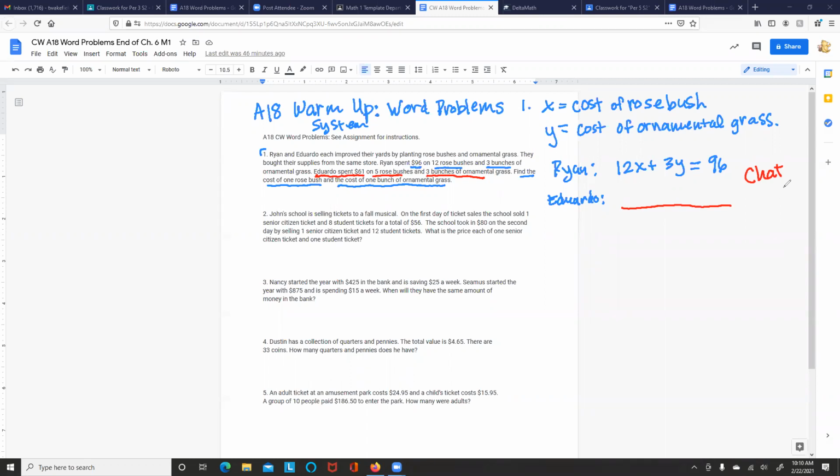Just direct message to me. I'll wait till you guys type it in there before I proceed. It says Eduardo spent $61 on 5 rose bushes and 3 bunches of grass. 5 rose bushes, 3 bunches of grass, $61.